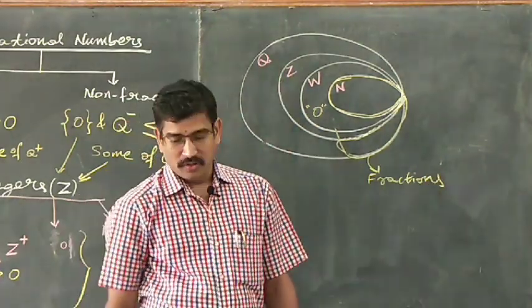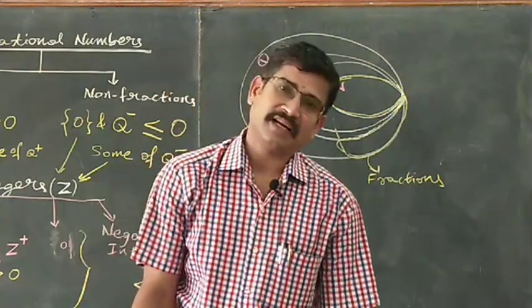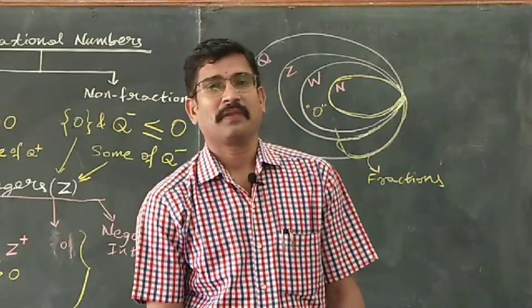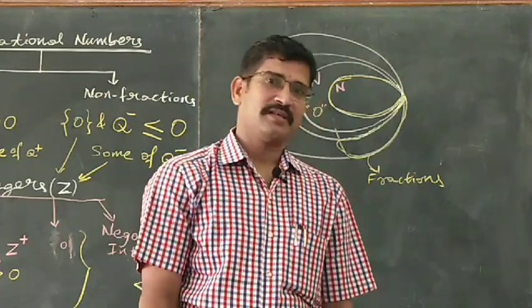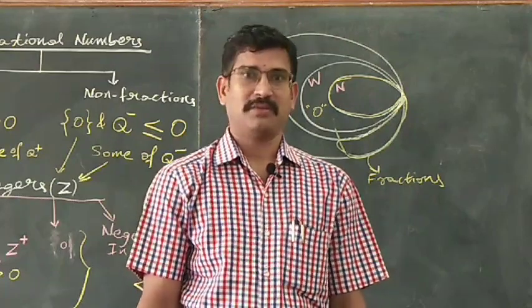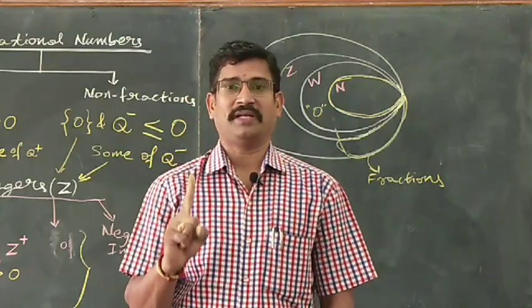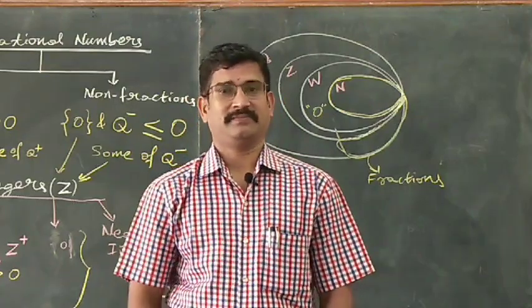Okay? So, with this I will conclude the Venn diagram of rational numbers, and as a part of today's session I will start properties of rational numbers. In that, I will teach you only one property called closure property.